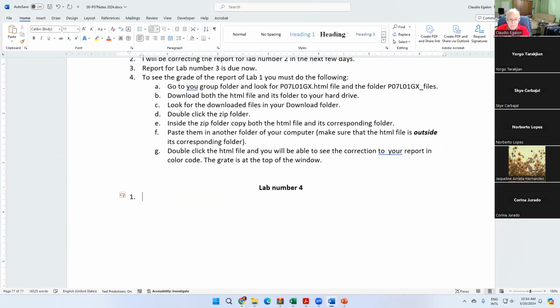Please download your lab 4 spreadsheet from your group folder. Okay.